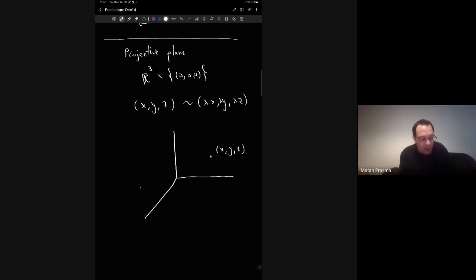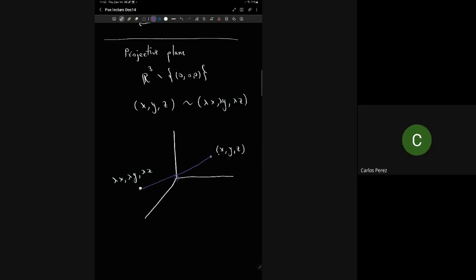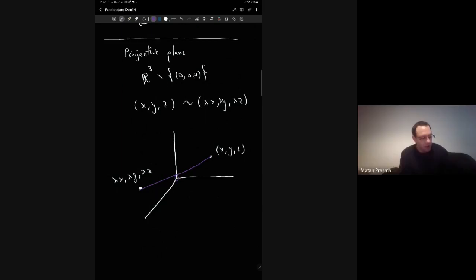I mean, it is still lines. So if you take lambda X, lambda Y, lambda Z, this is some point on the line passing through the origin. Oh wow, I was not expecting that. I thought this was gonna be a plane. No. It's a line.